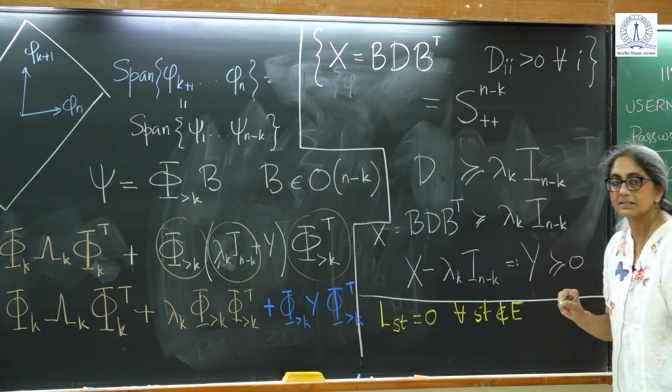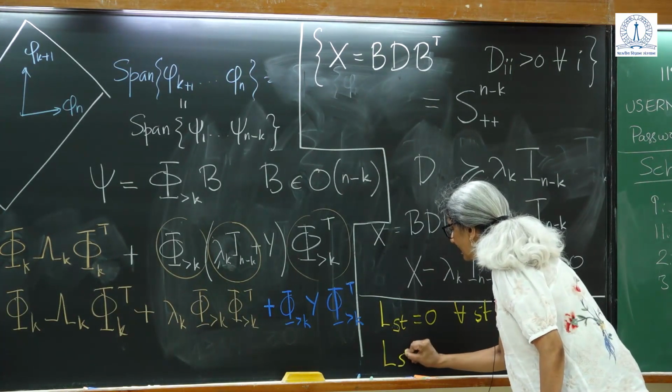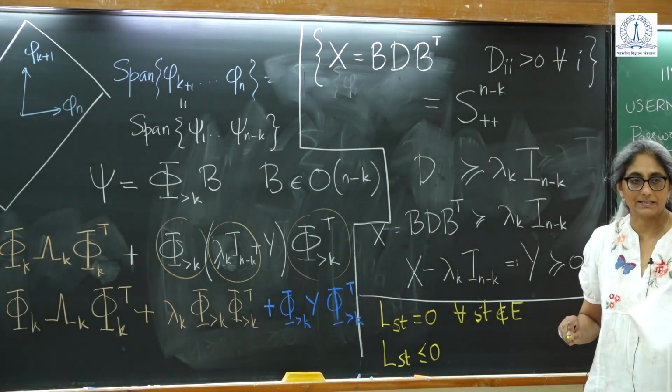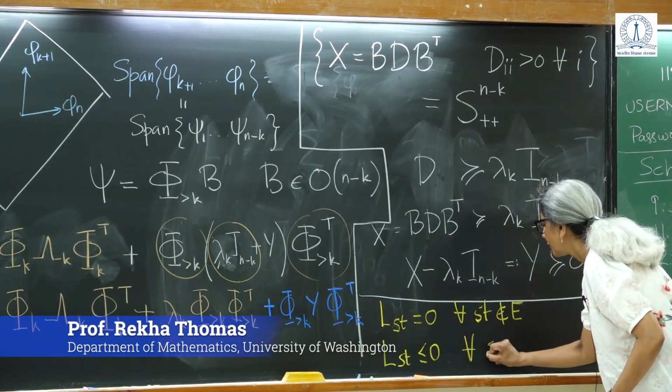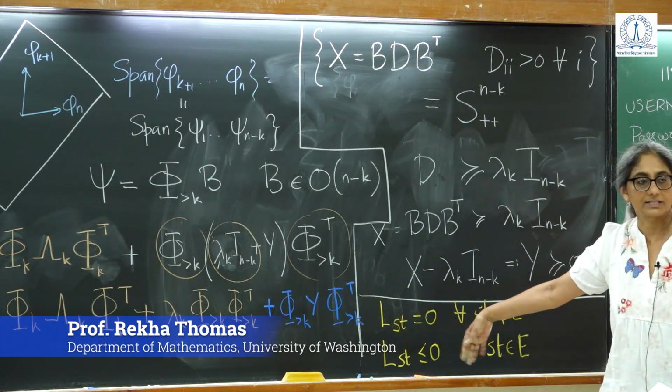So I want to keep the 0s in the Laplacian. And I want to make sure that in the edge positions, I get something less than or equal to 0, right? In the Laplacian, all the weights are negative on an edge. So this must be true for every st that is an edge. So we need these two conditions as well.